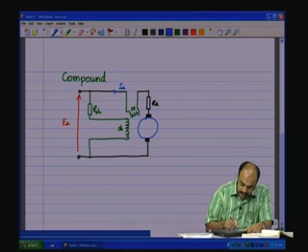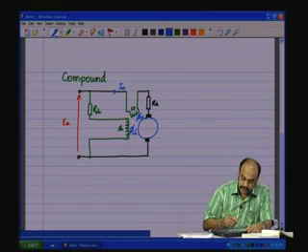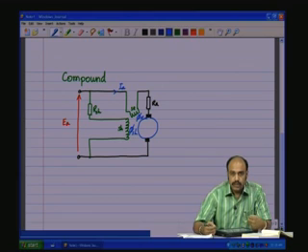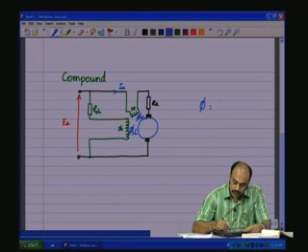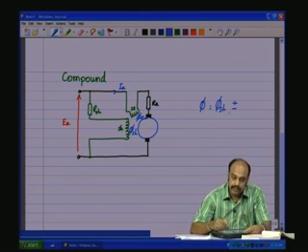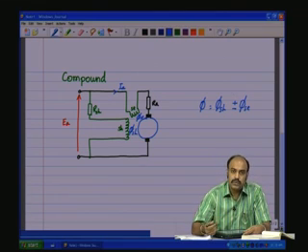So, you have a phi series and a phi shunt. The shunt flux will be the dominating flux in most of the cases. So, you will have the resultant flux which is the shunt flux plus or minus the series flux. That is, the flux generated by the shunt winding plus or minus the flux generated by the series winding.